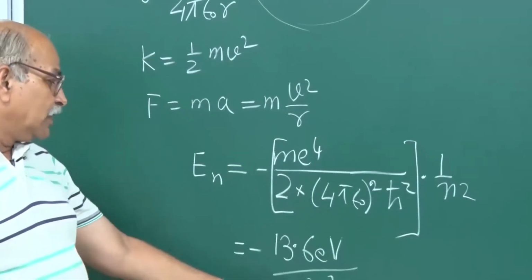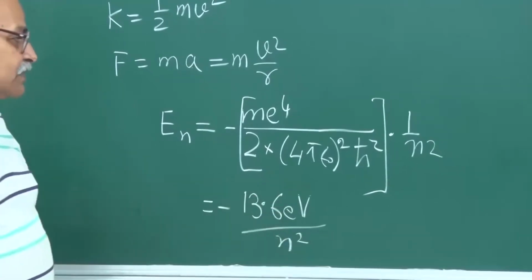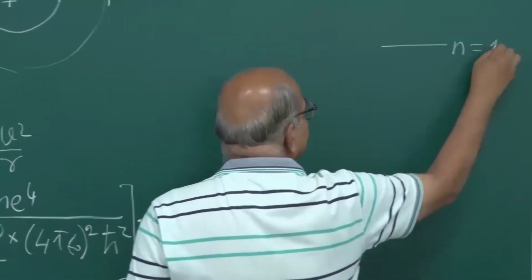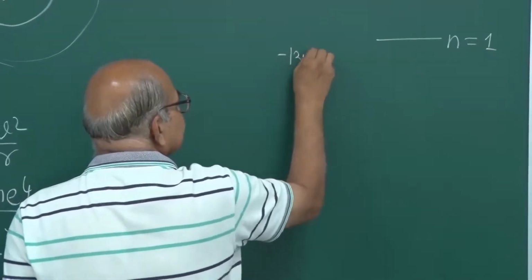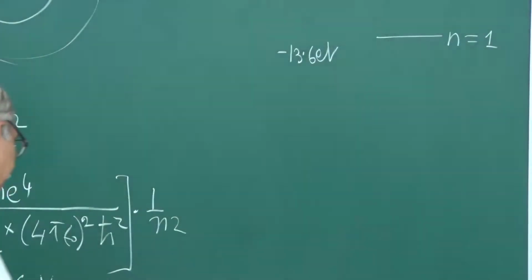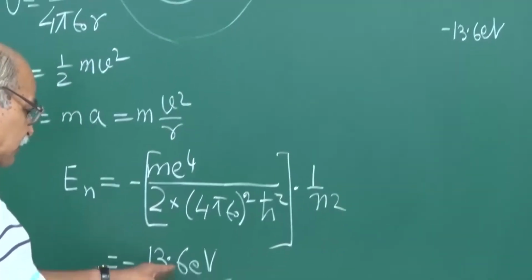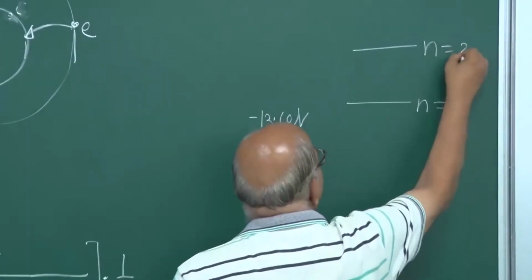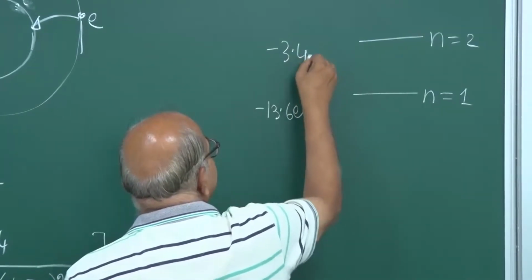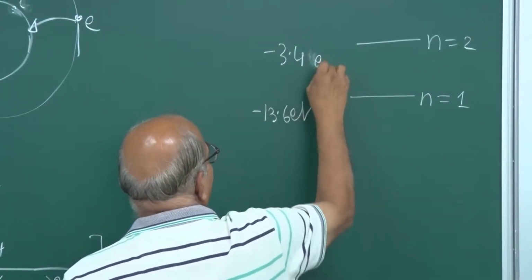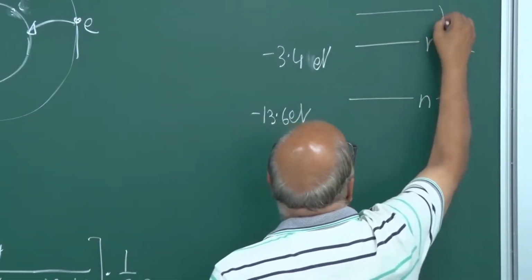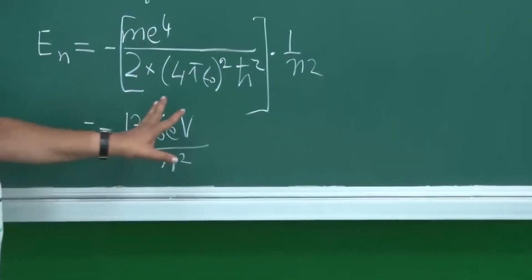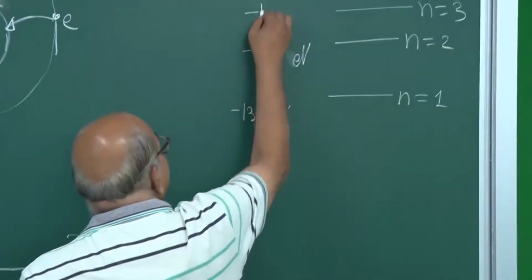So, for n equal to 1, you have energy minus 13.6 eV. For n equal to 2, it will be divided by 4, so n equal to 2 is minus 3.4 eV. N equal to 3 will be this divided by 9, so it is something like minus 1.5 eV.